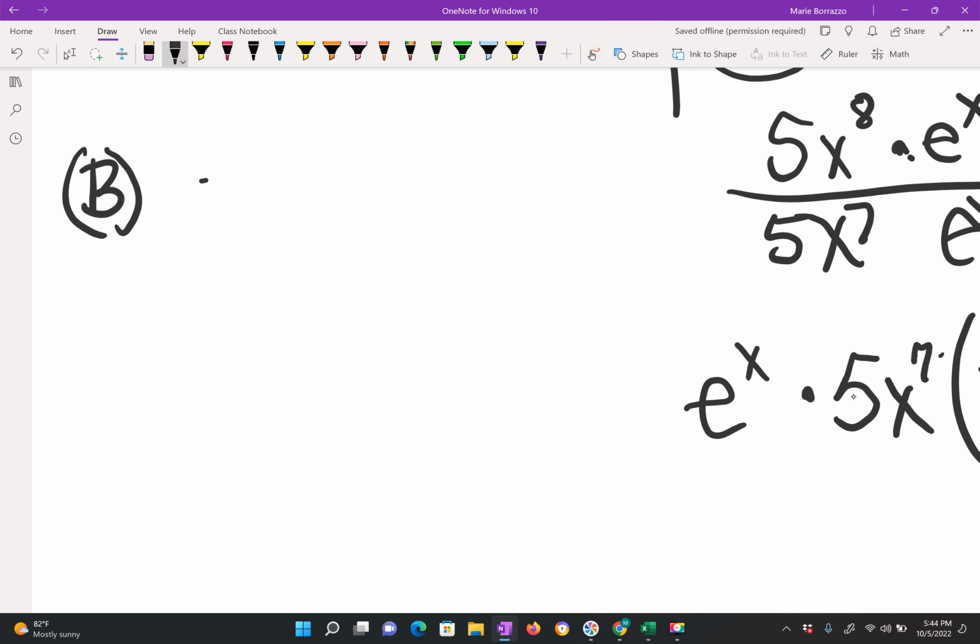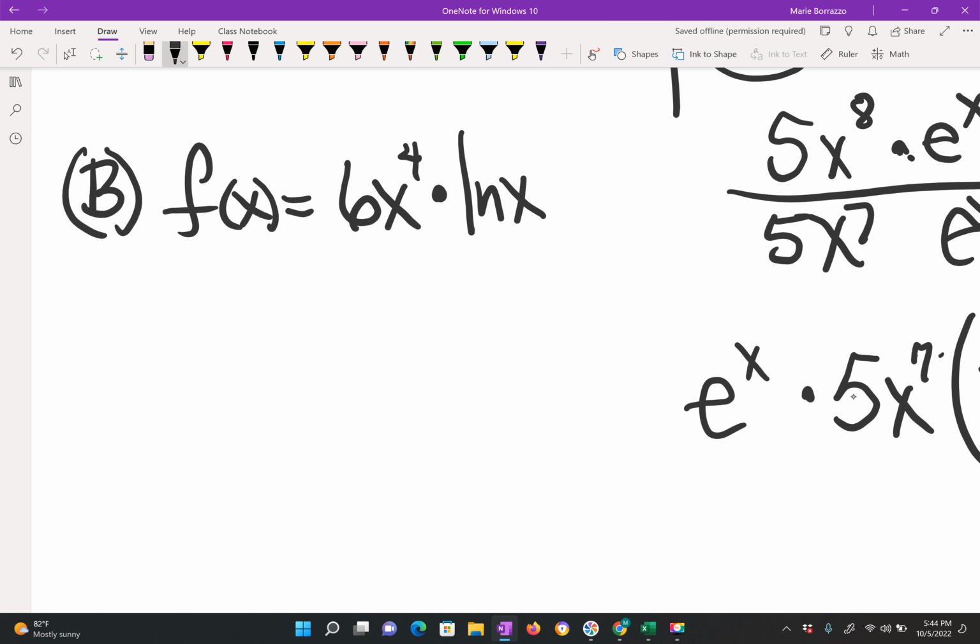Okay, so I'm going to give you this one. See if you can find the derivative. Notice it is a product. They probably won't even put the little dot in between, so I'm going to take it off. Okay, so working this out with you, here's what we do know.